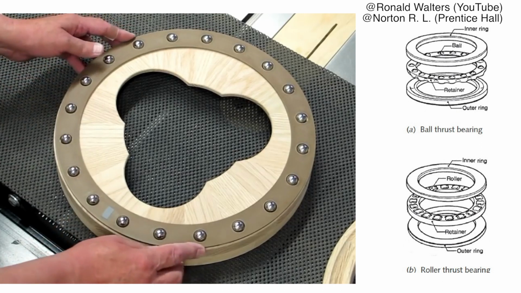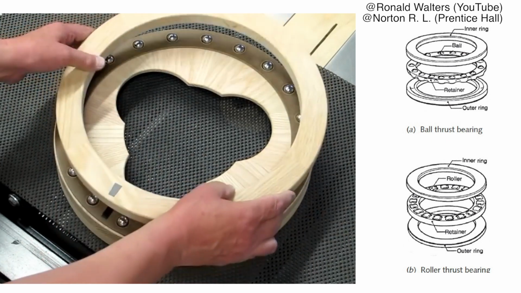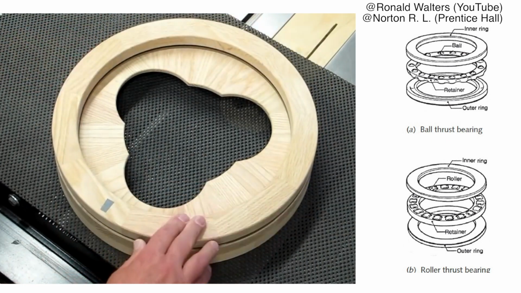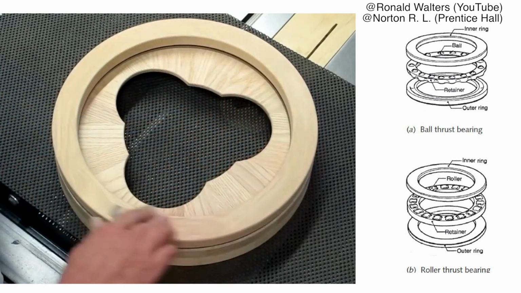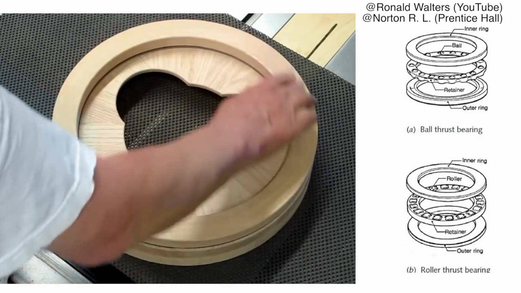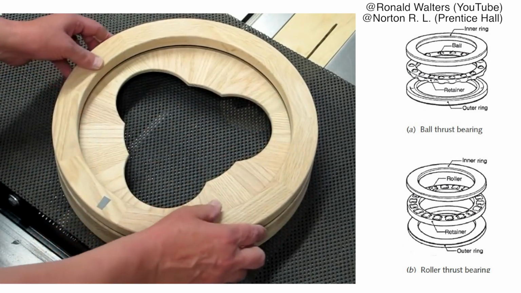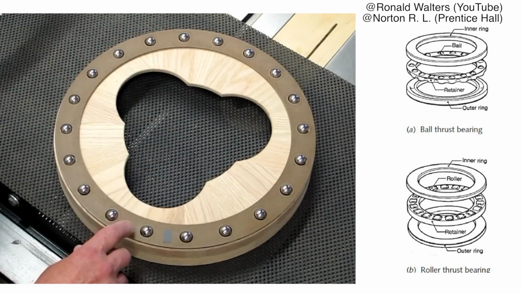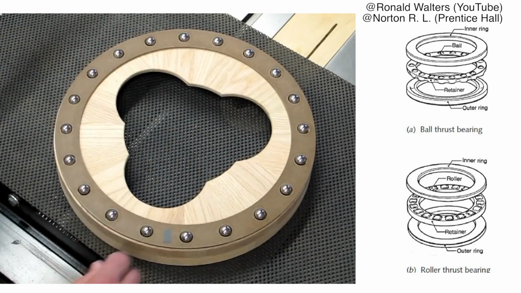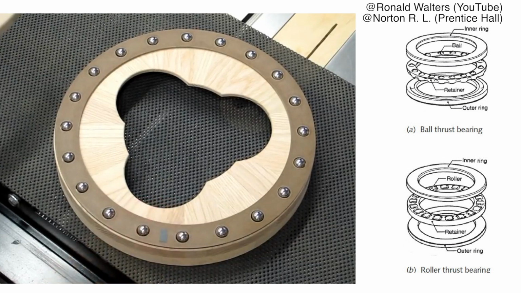They are used for low-speed applications where the radial load is small. Ball thrust bearings cannot handle large radial loads and are not used in applications where radial loads are present. Roller thrust bearings use cylindrical rollers and can support large thrust loads.